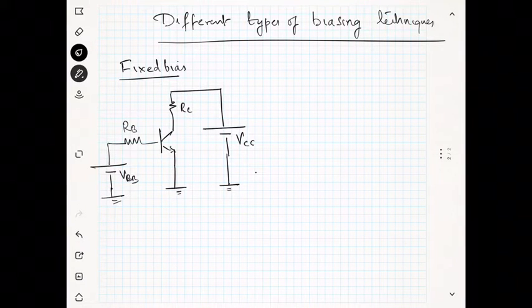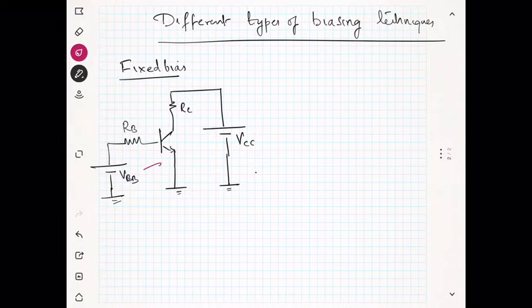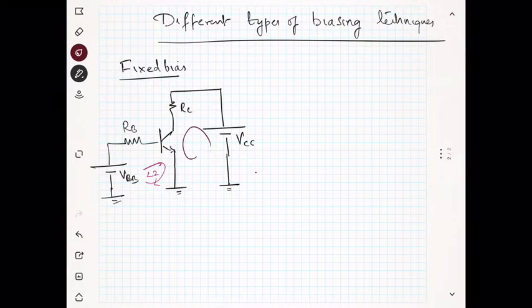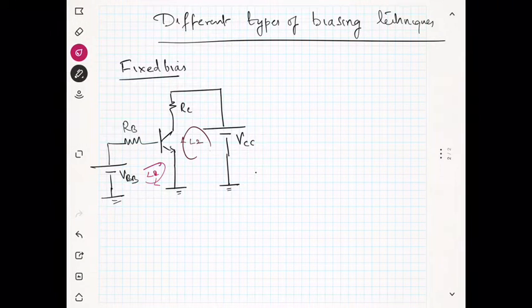Then this biasing technique is known as fixed bias. Okay, so we have to take two loops that we have seen in the last slide. This is loop 2, and this is loop 1.